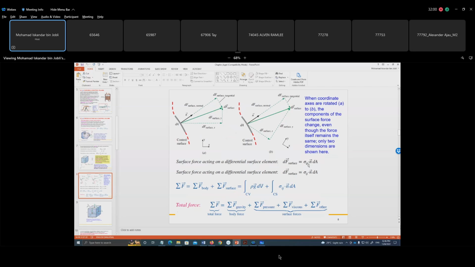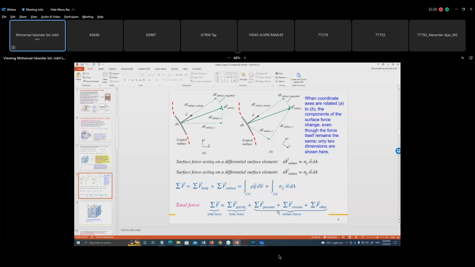So the force is equal to the force of the body here, and then the force of the surface here, right? If you were to rewrite this, the total force of the body is the one for the gravity, and this one for the surface is for the pressure, viscous, and other. All right, this is the total force.